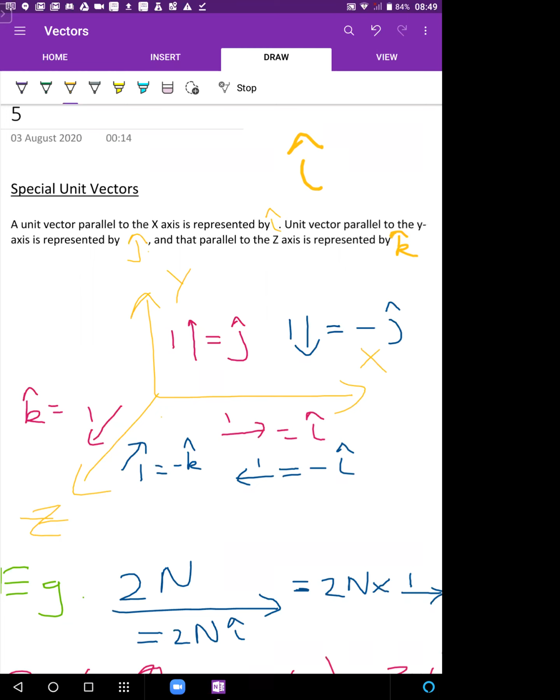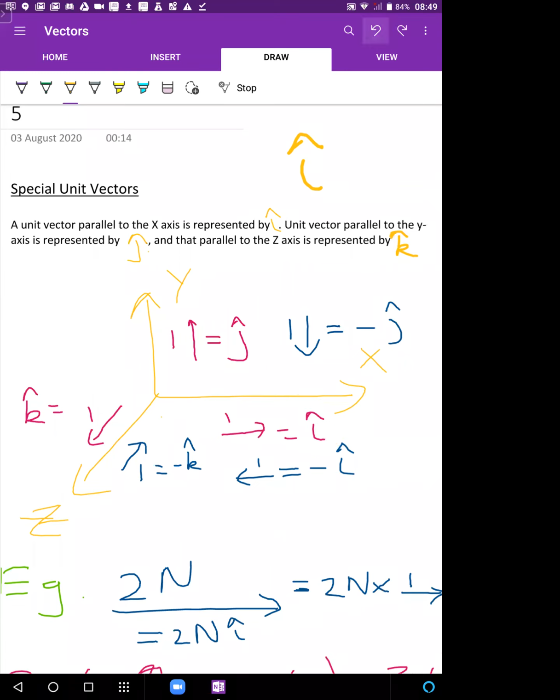That's just convention. So that vector i cap represents a unit vector along our positive x-axis.